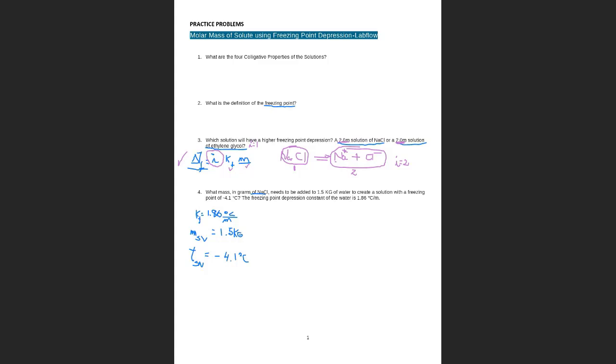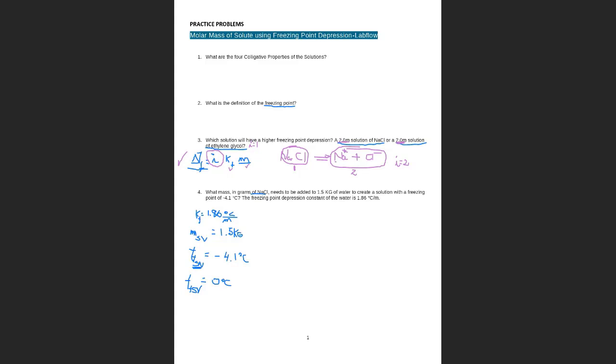So let's do the freezing point of the solution is minus 4.1. What is the freezing point of the solvent? Which one is the solvent? The water. Exactly. And what is the freezing point of the water? 0. Exactly.